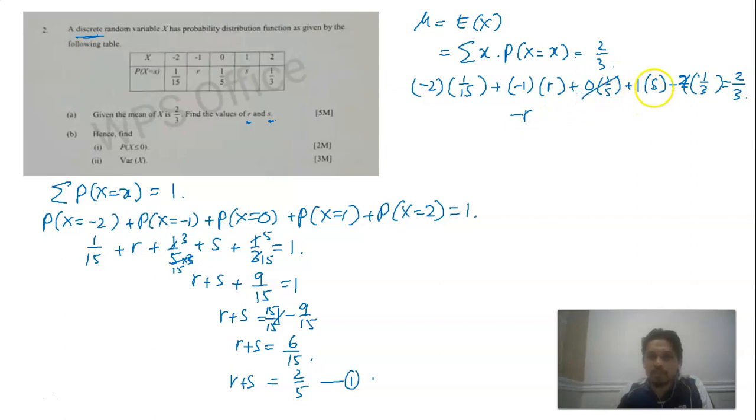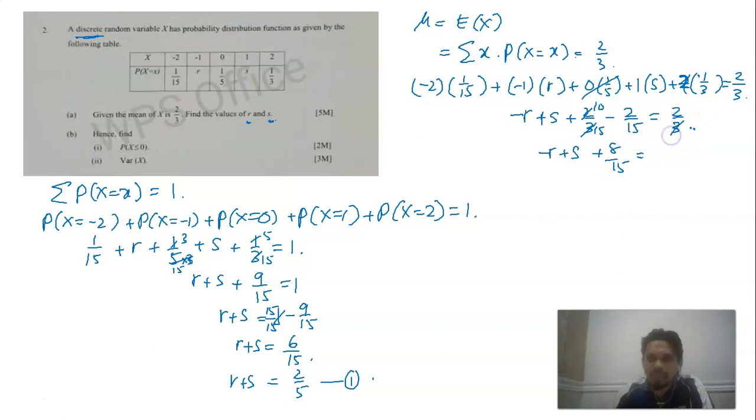This is 0, 1 times s equal to s. So this is negative r plus s plus 2 over 3 minus 2 over 15 equal to 2 over 3. 3 times 5 equal to 15, so 2 times 5 equal to 10. 10 minus 2 equal to 8 over 15.